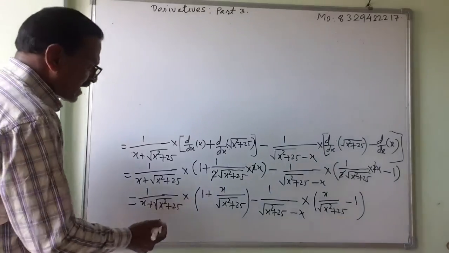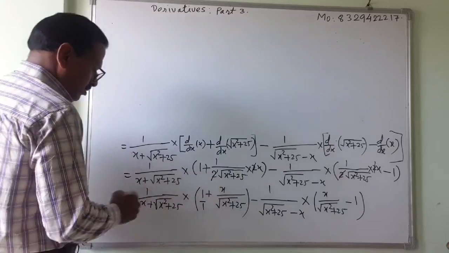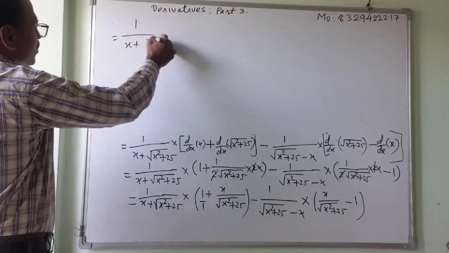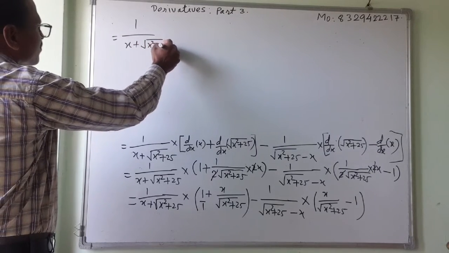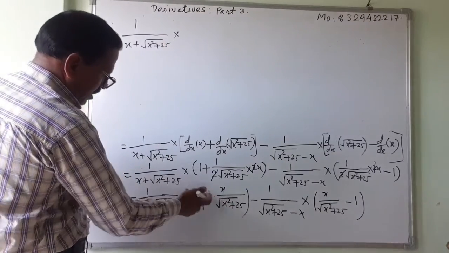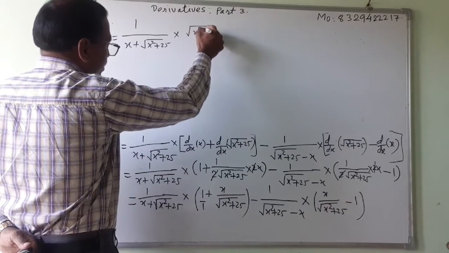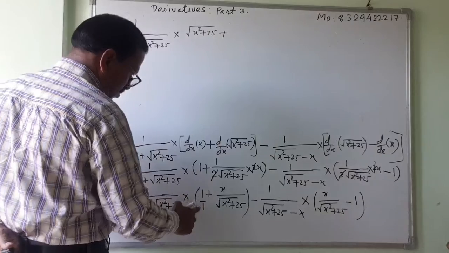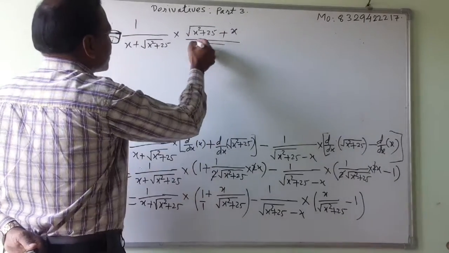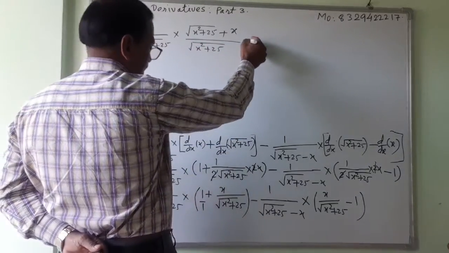Okay. Now this I can simplify like this. 1 upon 1, do the cross multiplication. So this is 1 upon x plus under root x square plus 25 into, this will be shown as cross multiplication. So under root of x square plus 25 plus 1 into x is x upon under root x square plus 25 minus.